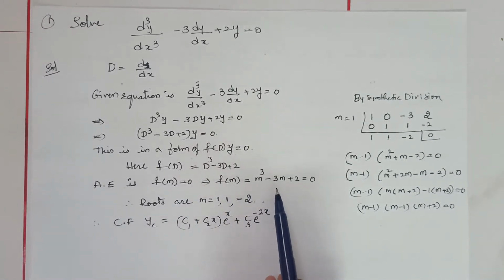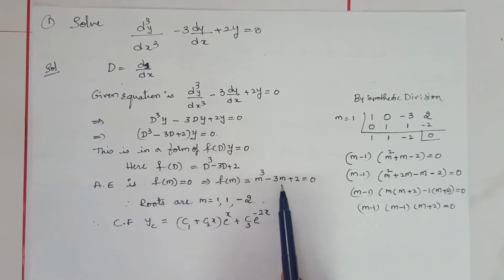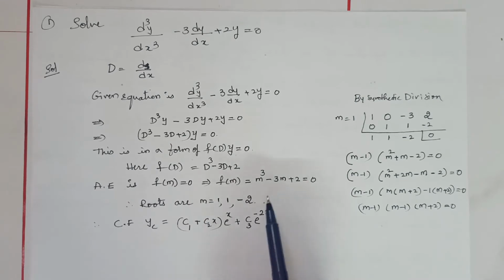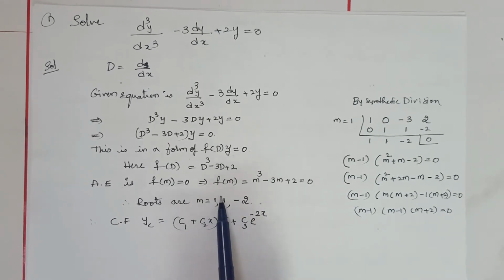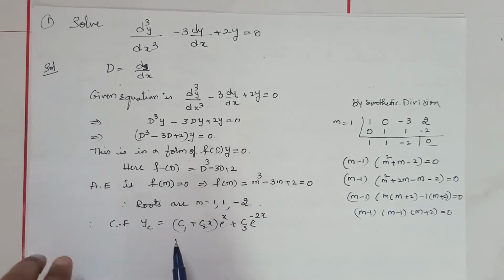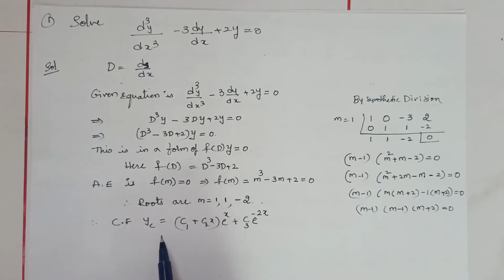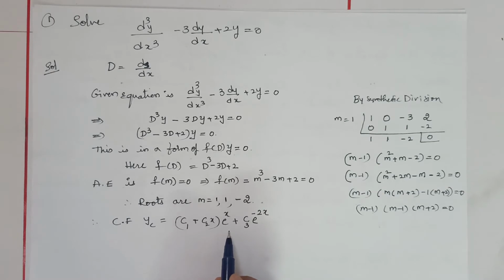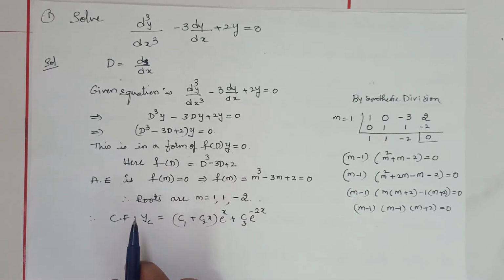We got this equation, and by solving it we got these roots. The first 2 roots are the same. Therefore, the complementary function yc becomes c1 plus c2x into e power x plus c3 e power minus 2x.